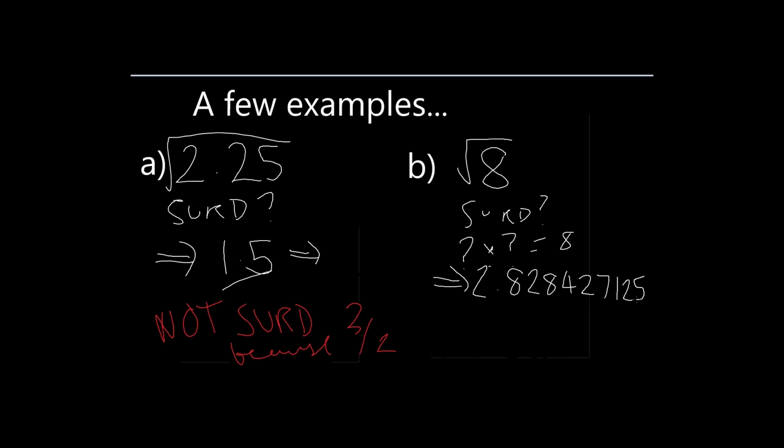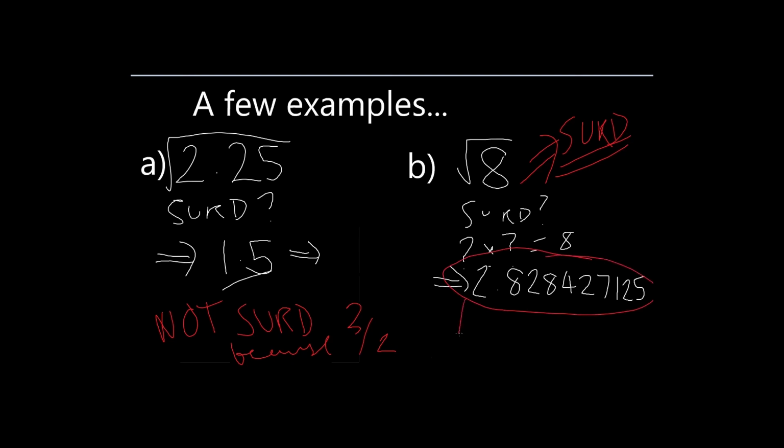Now this long, messy number is called an irrational number because we can't represent it in a fractional form. We know this for sure because when we click our fraction button on the calculator, nothing happens. So this means that the square root of 8, because it can't be represented as a fraction, is a surd. So root 8 is a surd.